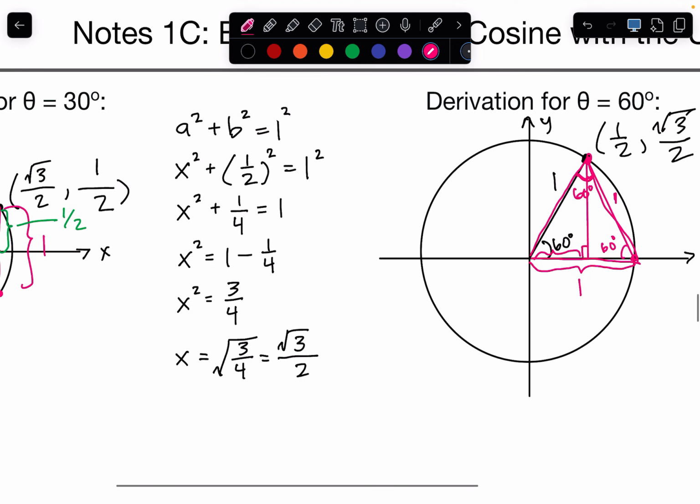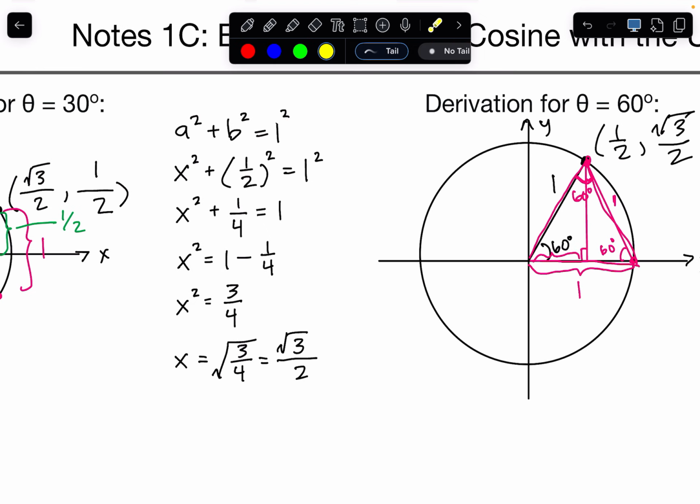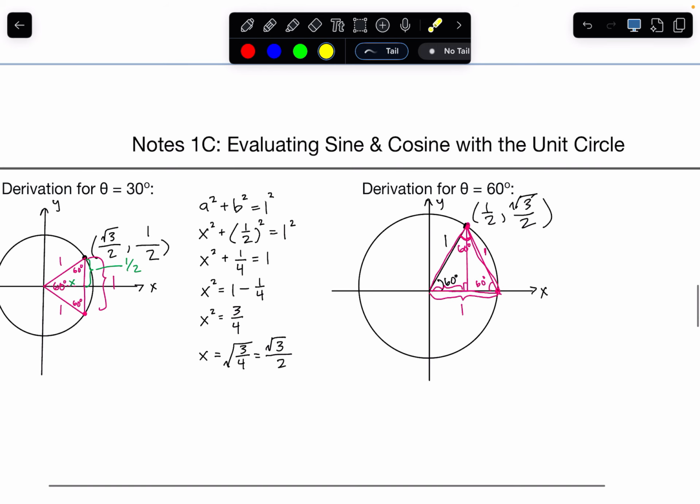And I know from yesterday with the Pythagorean theorem, if one of my sides is a half, the other side is root 3 over 2. So if I know 30, I know 60 by symmetry without having to redo my Pythagorean theorem, because all we're doing is switching the role of x and y.